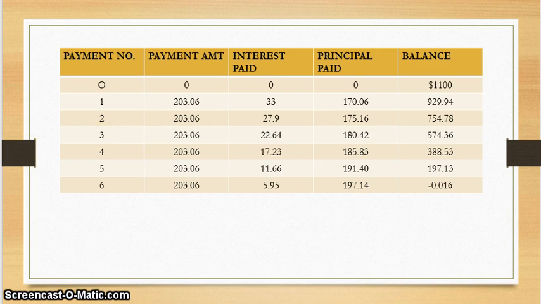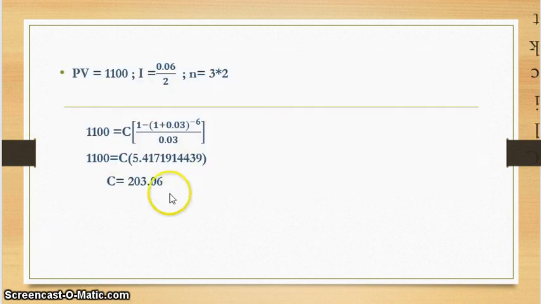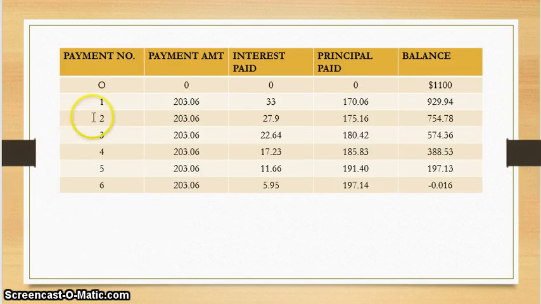Then from our working, we got the cash flow of $203.06. That is going to be in the row of payment amount. So the payment amount is uniform throughout, every 6 months. It's 203.06 at time 1 up to time 6.